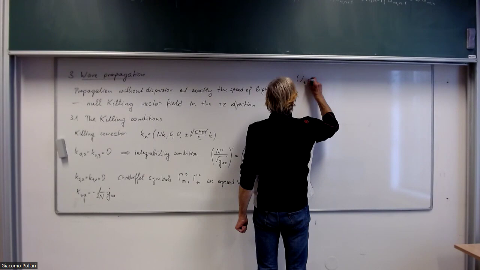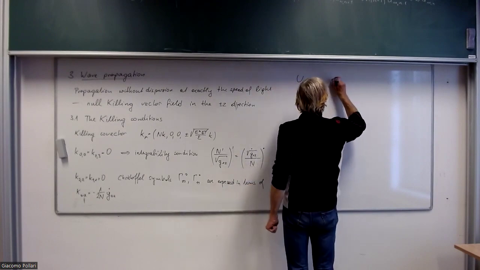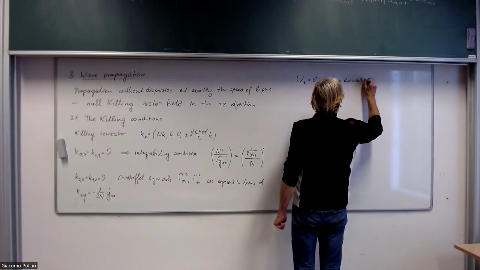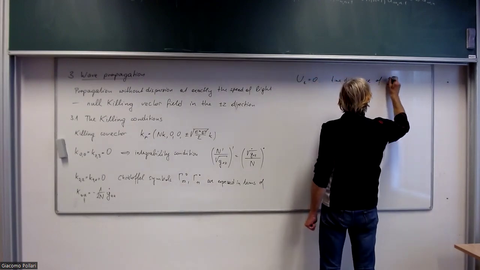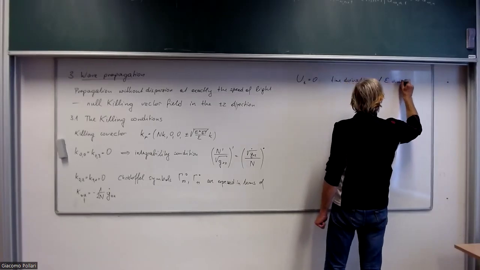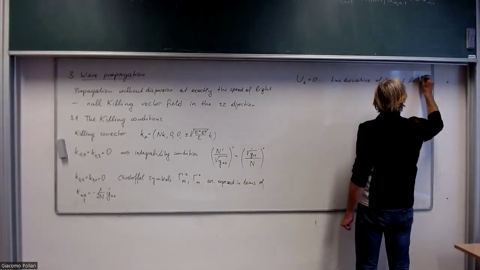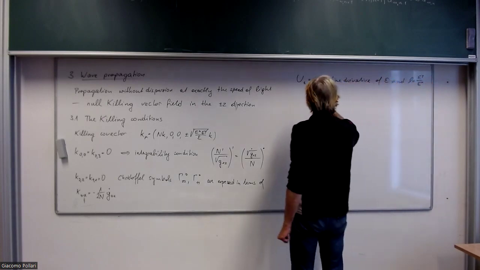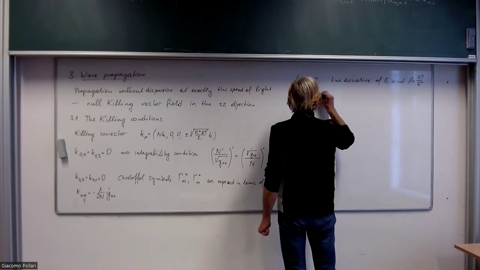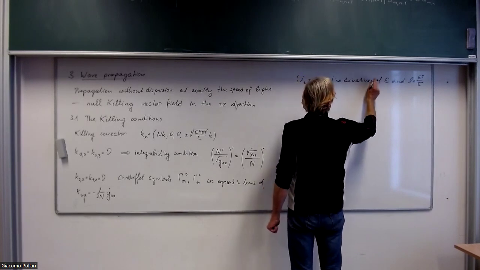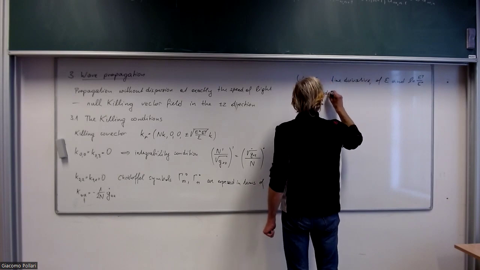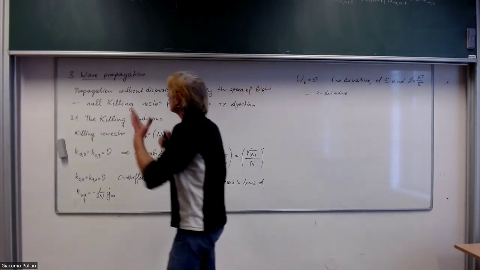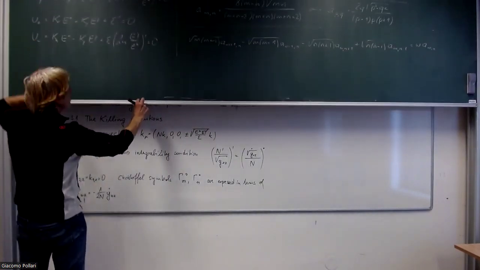U plus minus is equal to 0. Time derivative of E and logarithm E y divided by dx is equal to... so you can see the physical meaning in this form.